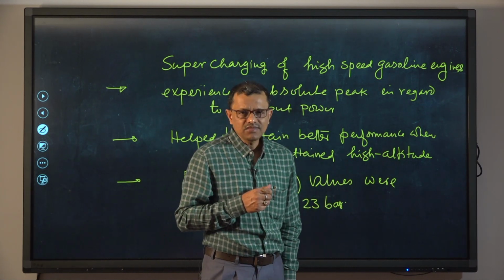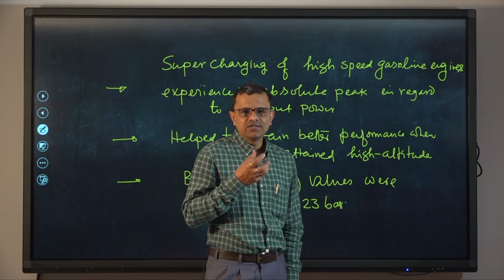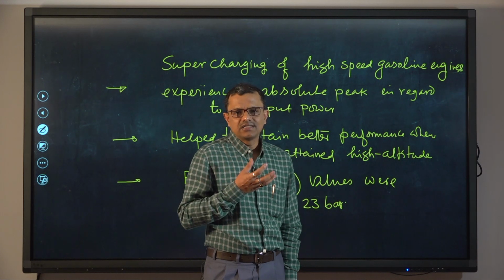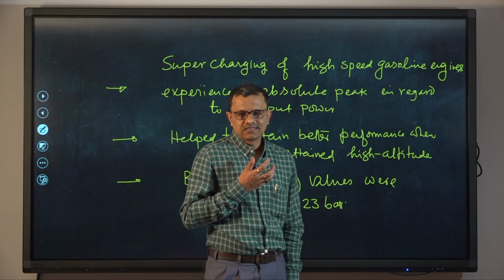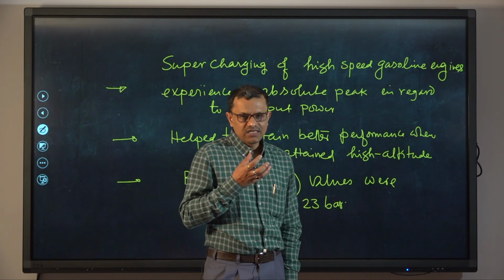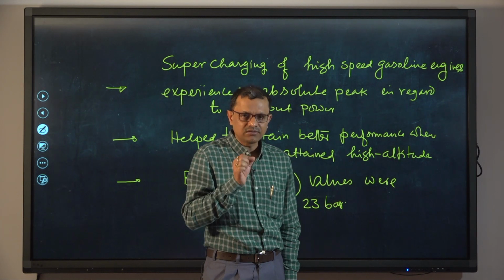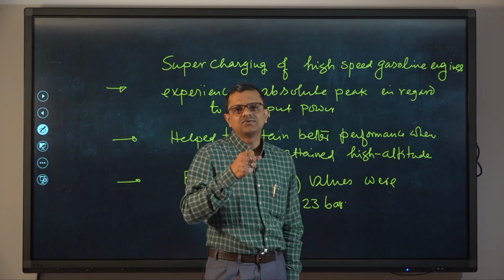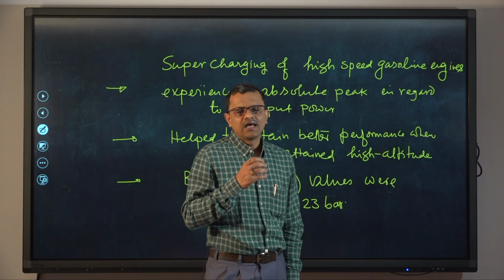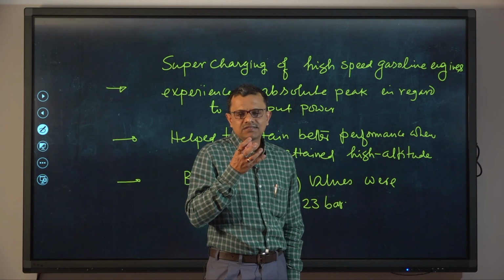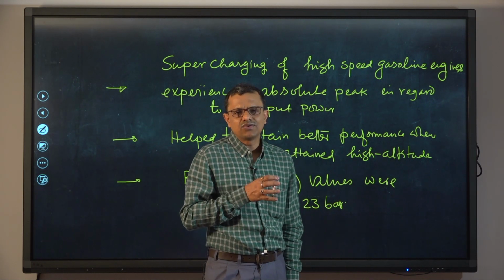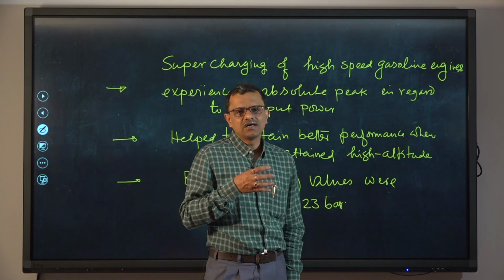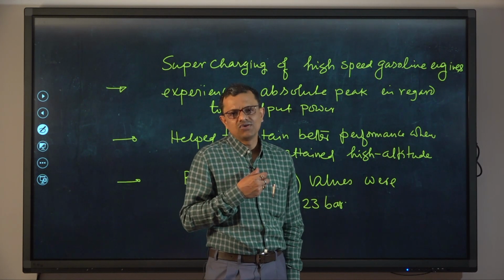charging. So, essentially, if we use exhaust gases that come out from the engine cylinder to run a small turbine, and the turbine is connected to the compressor, this particular arrangement is known as an exhaust gas operated compressor.